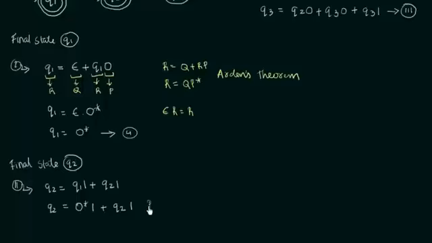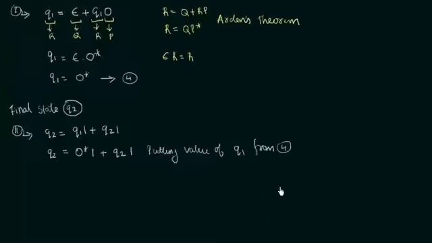And how did we get this? This is by putting the value of Q1 from equation number 4. Now we see that this equation is also of the form R equals Q plus RP. This Q2 will be R, and this whole term 0 star 1 will be Q, and this Q2 right here is my R as I said, and this 1 over here will be P. So this can be written as R equals QP star by Arden's theorem.